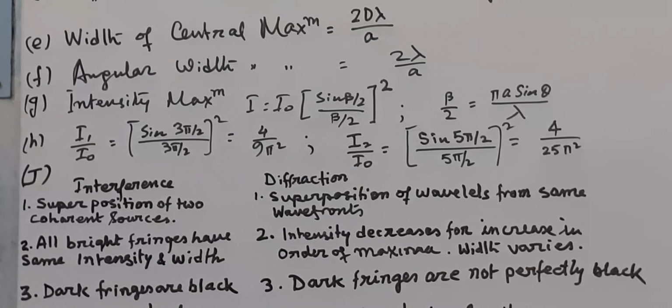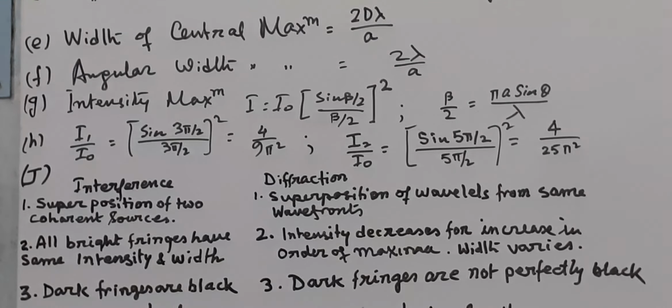Now, for the first maxima, the ratio of intensities I1 by I naught will be (sin 3 pi by 2 divided by 3 pi by 2) whole to the power 2, that will give us 4 divided by 9 pi square.